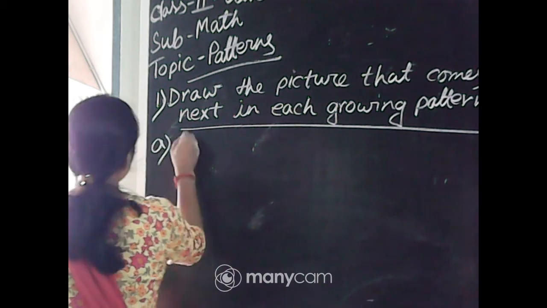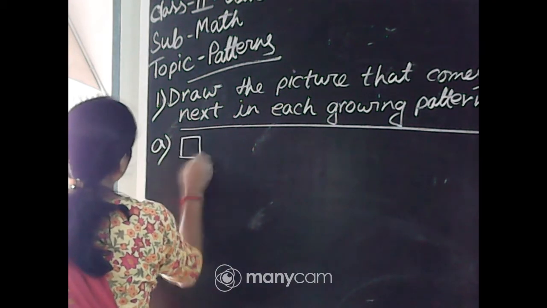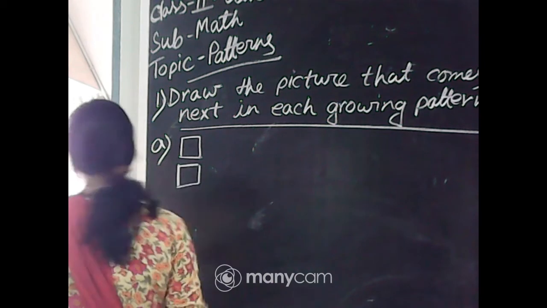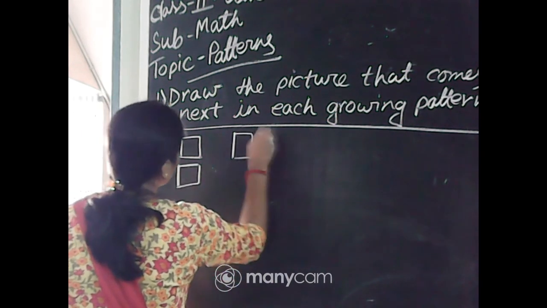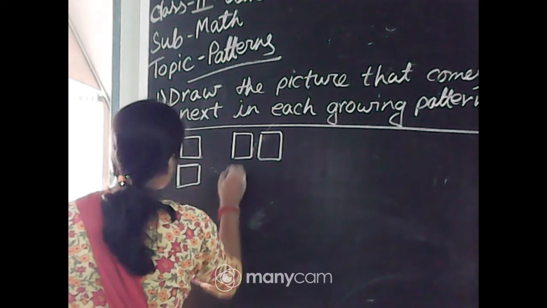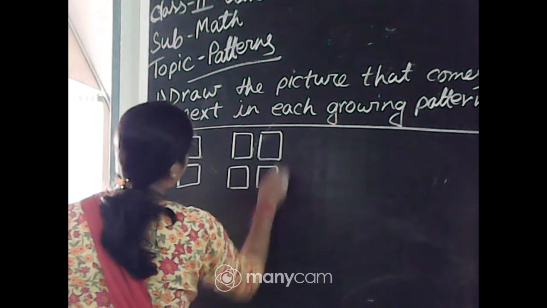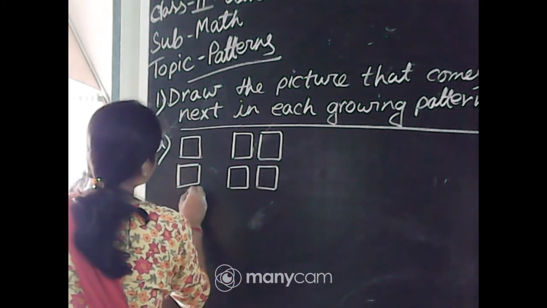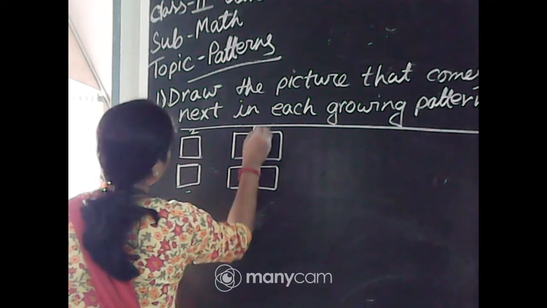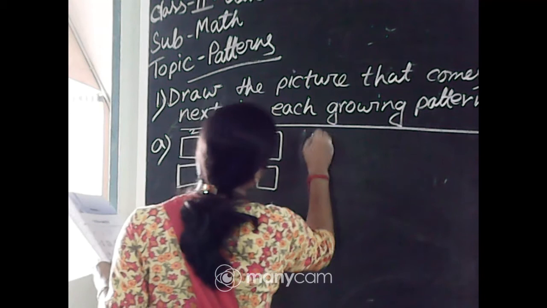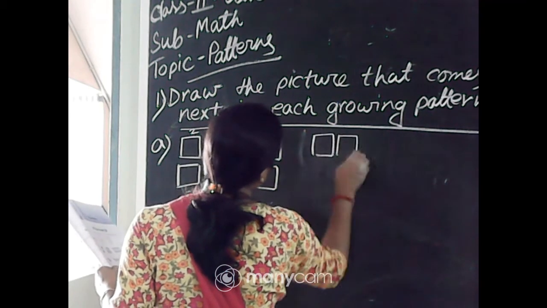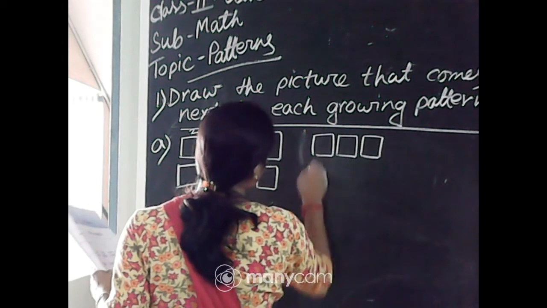1A. Here two small squares, and in the next pattern the two will be four. Two increase. First two, then four, then next two more, it will be six.